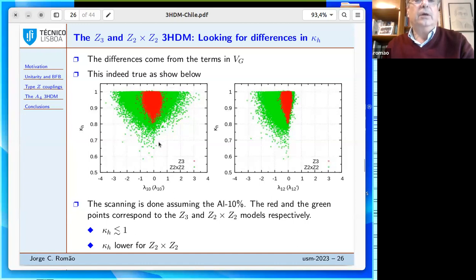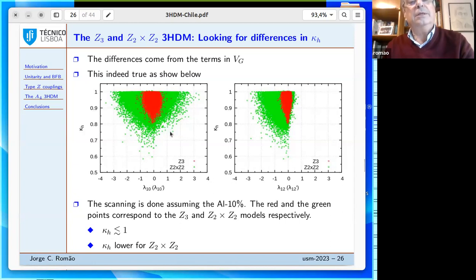And essentially also, and that's very important, you can get much lower values for kappa H in the Z2 cross Z2 compared with Z3. The other striking thing from these plots is that this kappa H is lower than 1. This should not necessarily be like that.